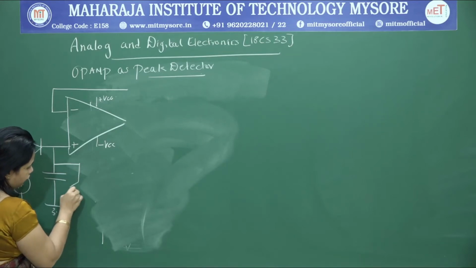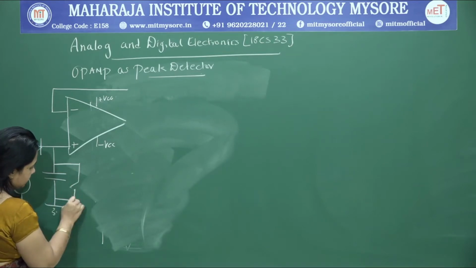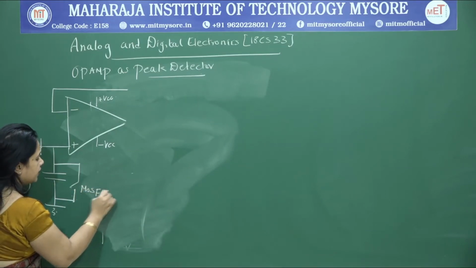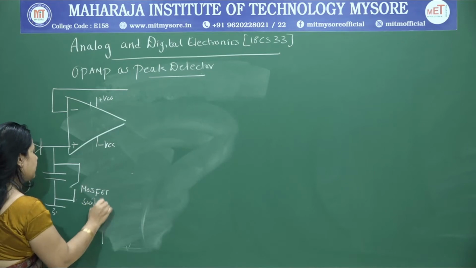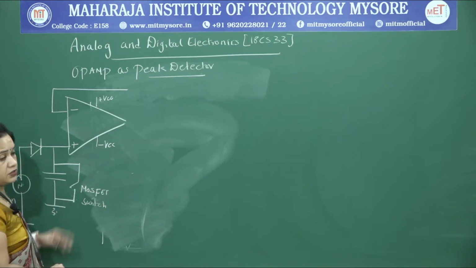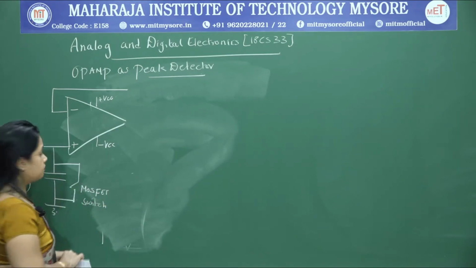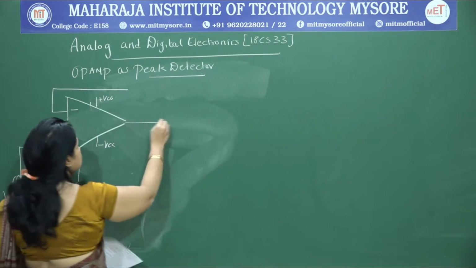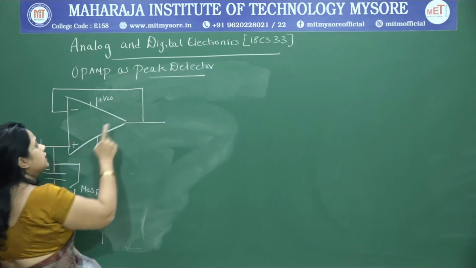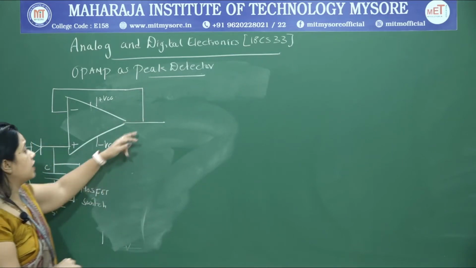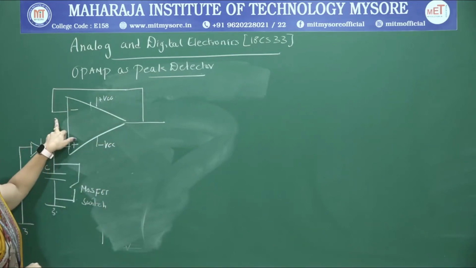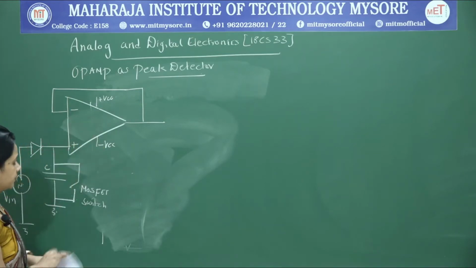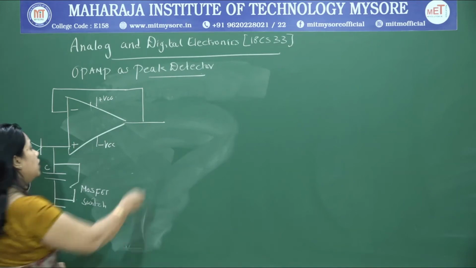One of the applications of a MOSFET is as a switch. We include a metal oxide semiconductor field effect transistor switch, though you could have any switch. Here we have specifically mentioned it as a MOSFET switch. And we have a capacitor, and please note the output: this circuit acts as a voltage follower because the output is connected back to the input.